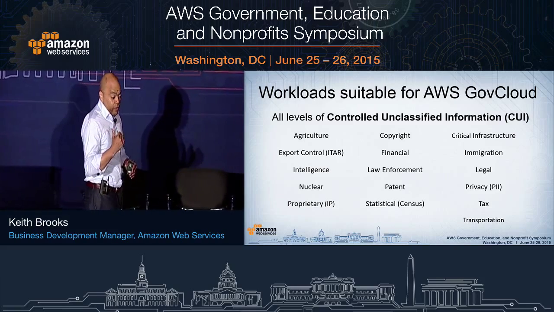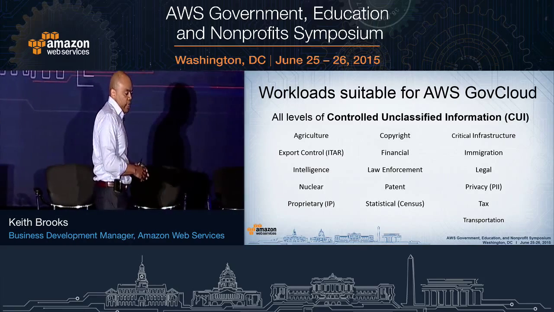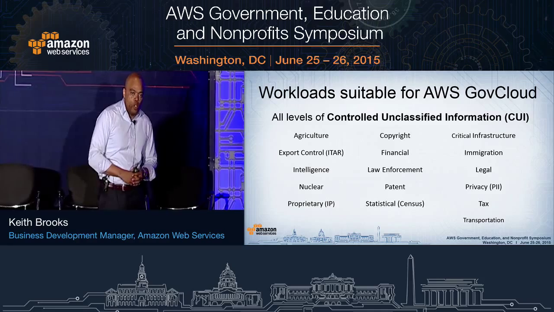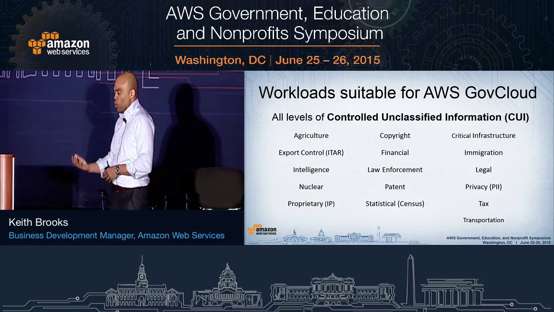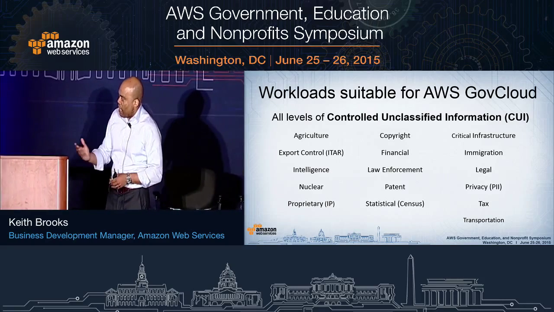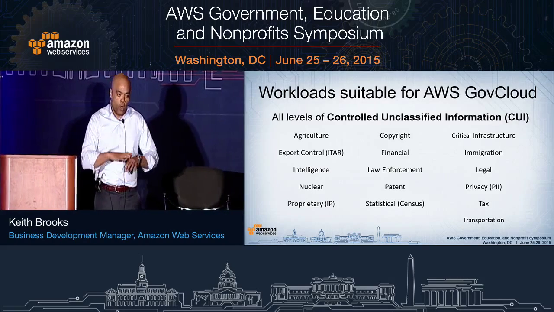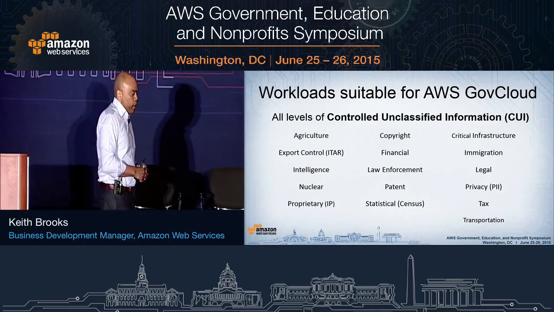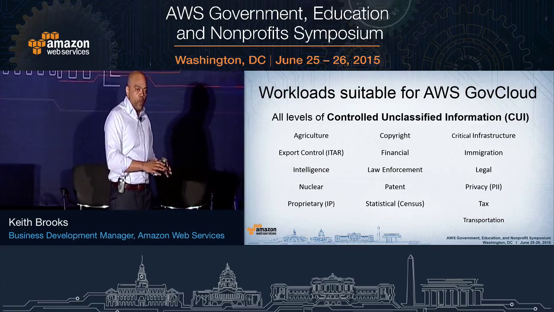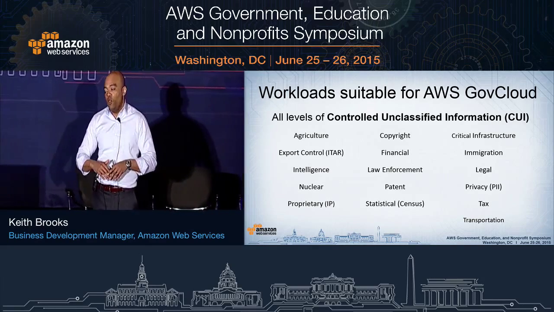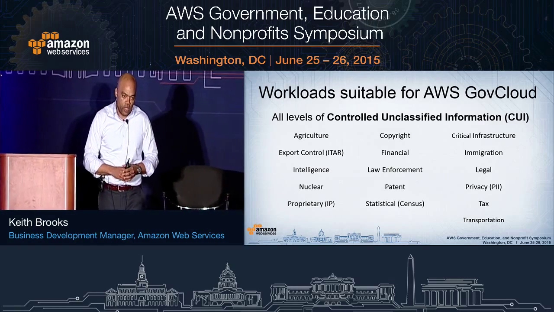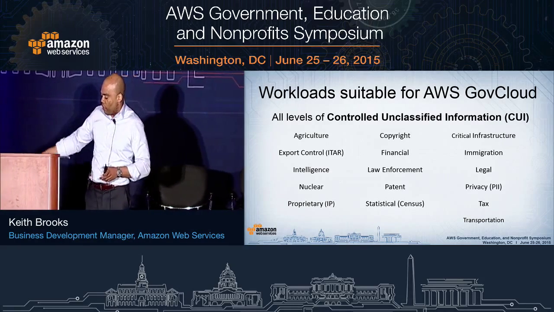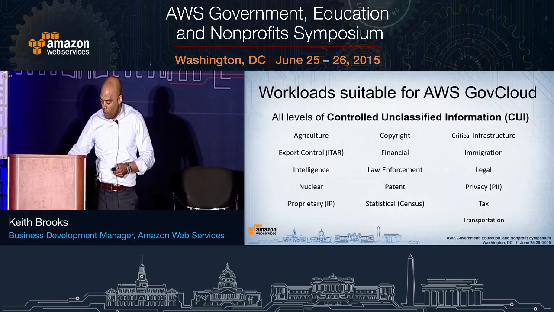That is an official list that spans many different types of data, from agriculture data to export control data like ITAR, financial data, intellectual property, law enforcement data, patent data, legal data, and all categories of critical infrastructure. So as you can see, the customers we just described use GovCloud for a variety of reasons, many of which are to host workloads and data that fall under these sensitive categories.